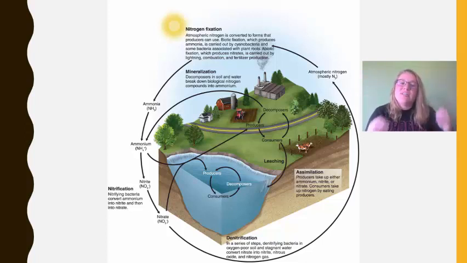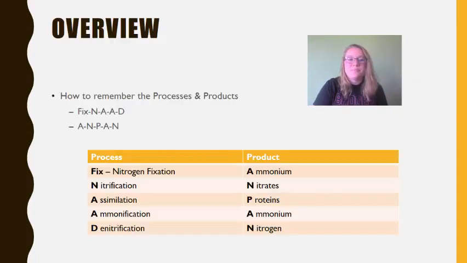Once that nitrogen is in plant tissues, animals or consumers can come along, eat those plants, and assimilate or convert that nitrogen into their own tissues. Those are the two processes that you really need to know.